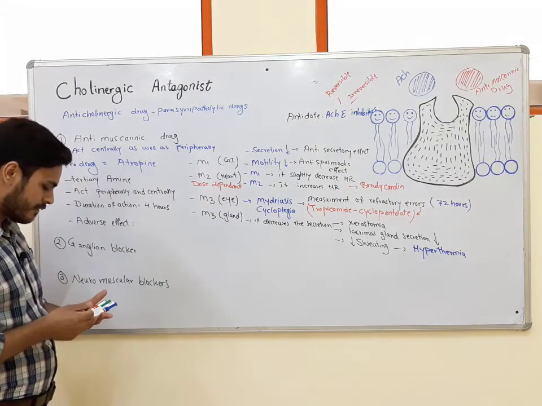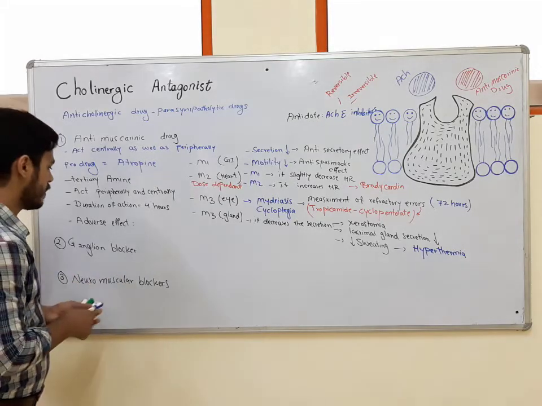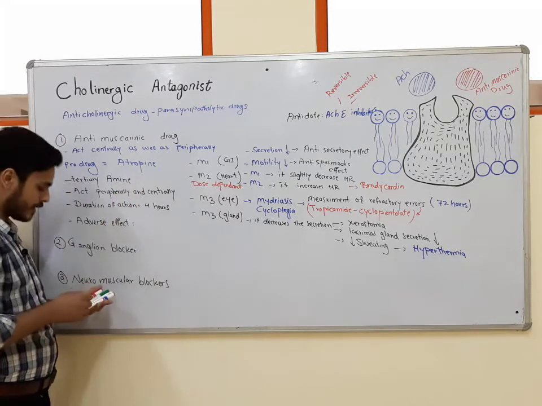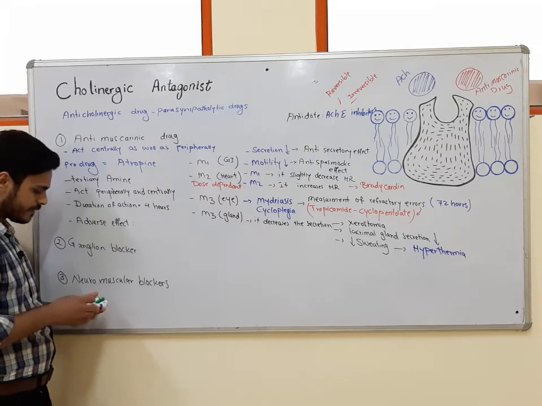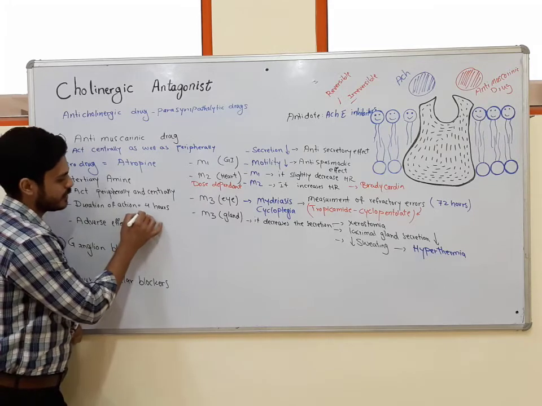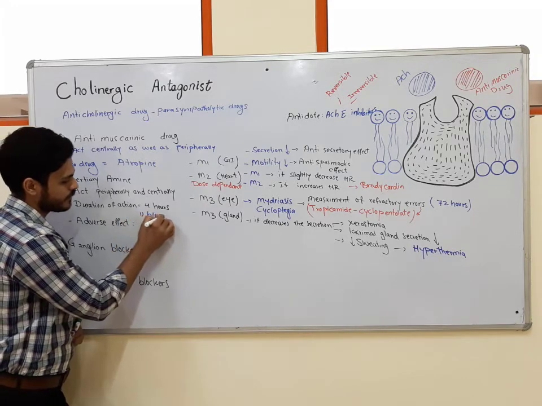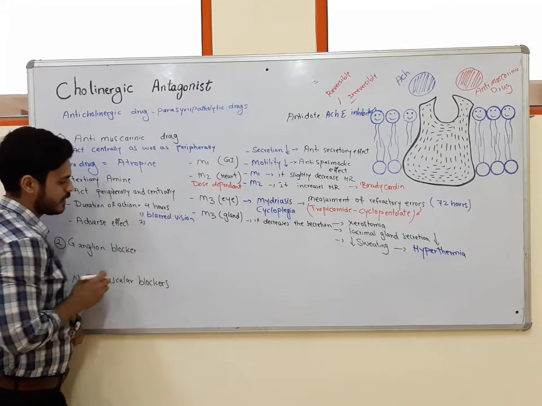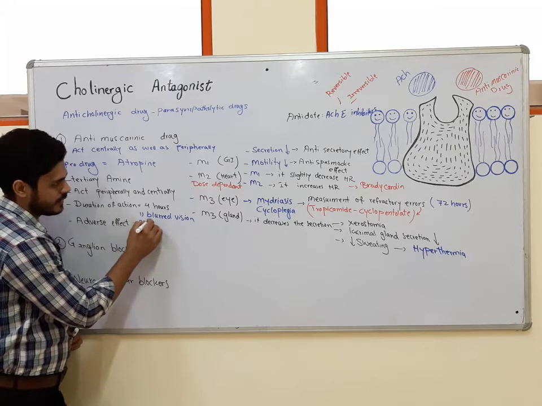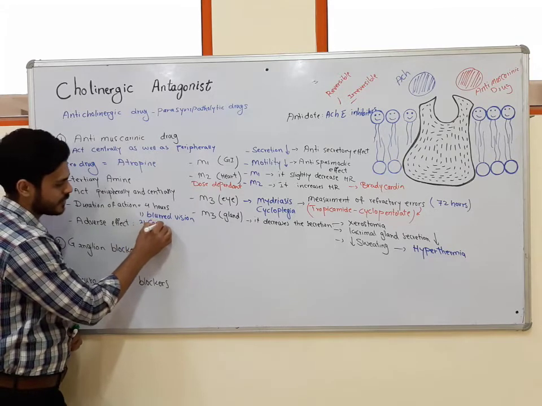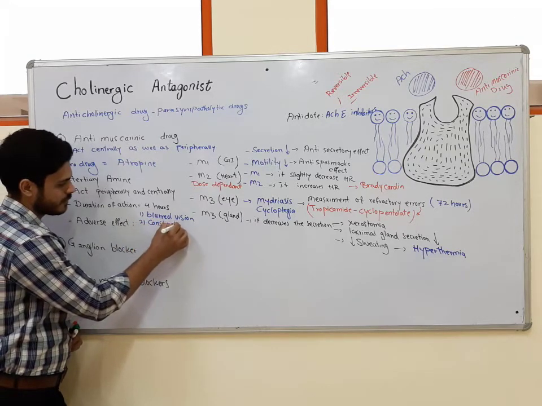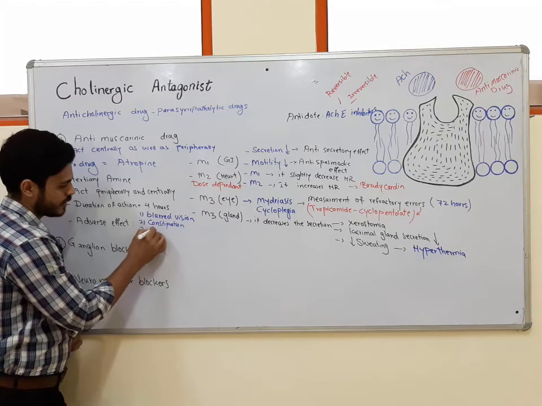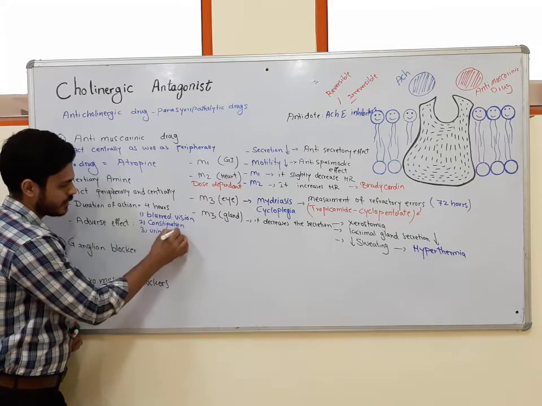These are the common adverse effects for cholinergic antagonists. So what are the adverse effects? Blurred vision, constipation, urinary incontinence.